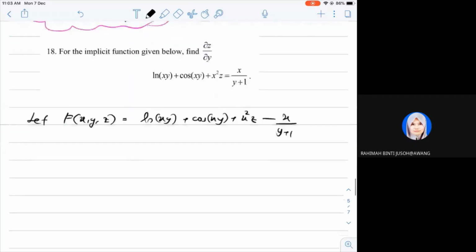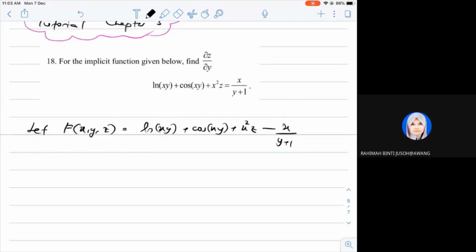Okay, that's the first step. Second step, okay, the question asks you to find del z del y. Okay, so as we know that del z del y, by using the second method, we will have negative fy divided by fz. Okay, so let us find fy.